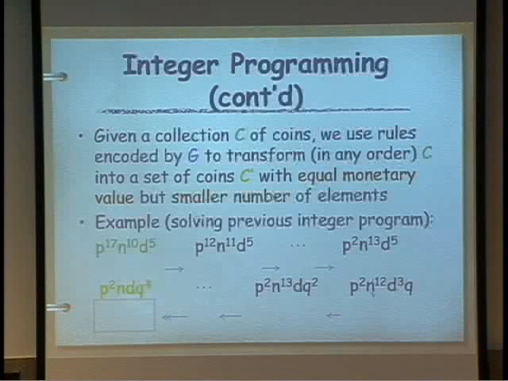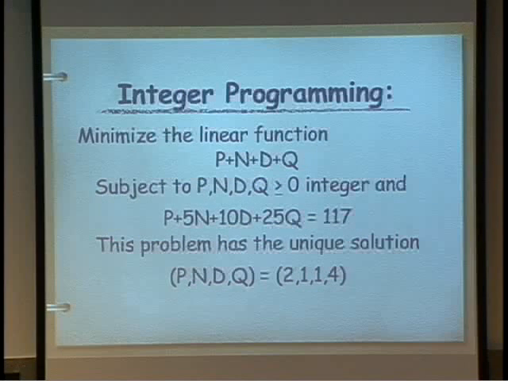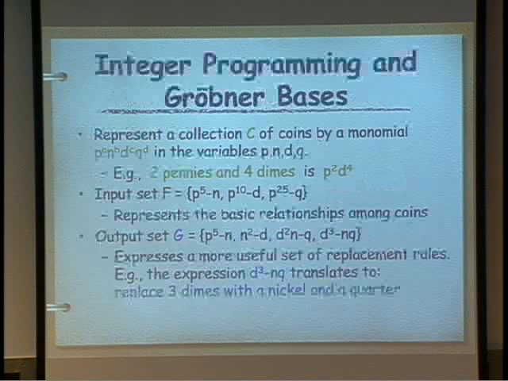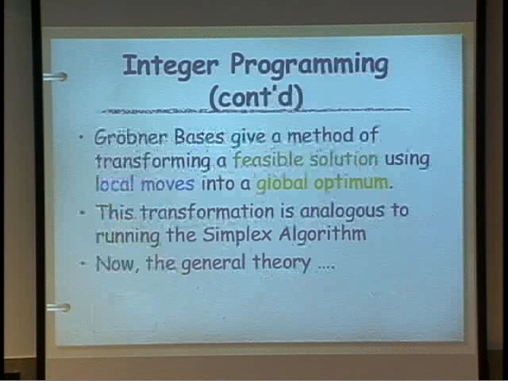So basically, you take these monomials, and whenever you can apply a rule, you do. And at some point, you get stuck. You get stuck at P squared N times D times Q to the 4th. At that point, you can no longer apply any of the improvement steps. And at this point, we can actually conclude that we're at an optimal solution.